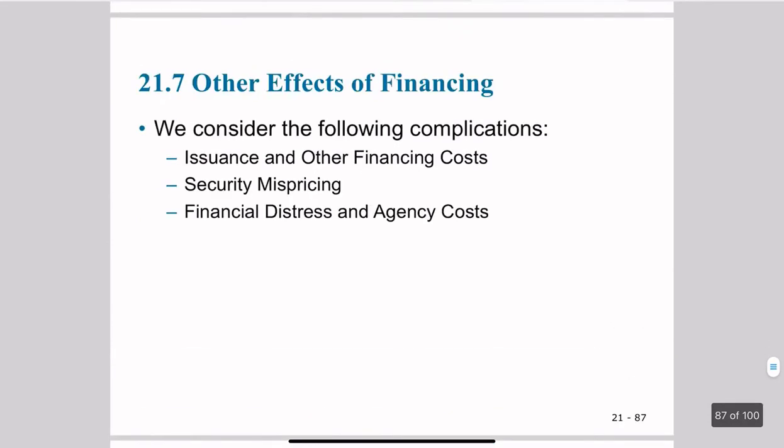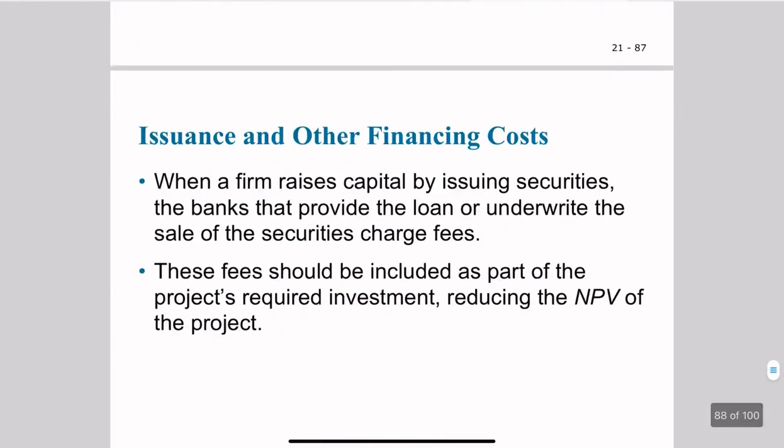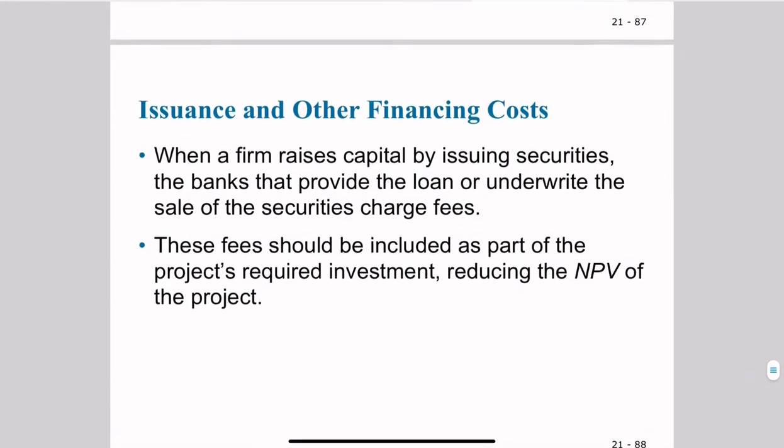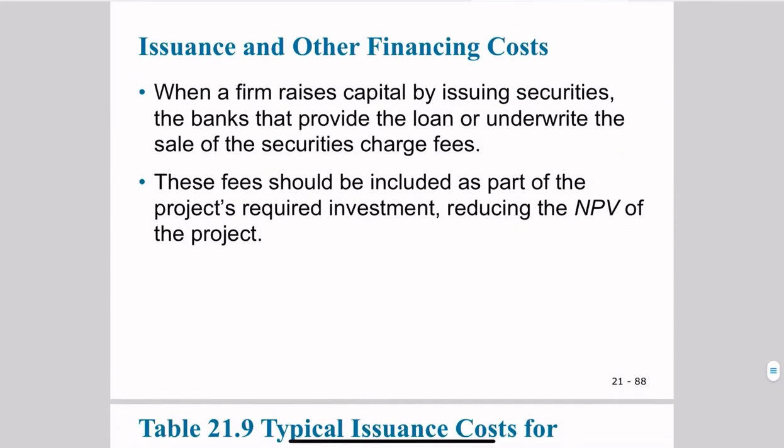Today we're going to talk about the following complications: when there are financing costs, when there is mispricing, and when there are financial distress costs. So first, financing costs. Financing costs are pretty easy to understand conceptually. If the firm tries to obtain financing by using debt, using equity, or borrowing from a bank, then there is always some transaction cost.